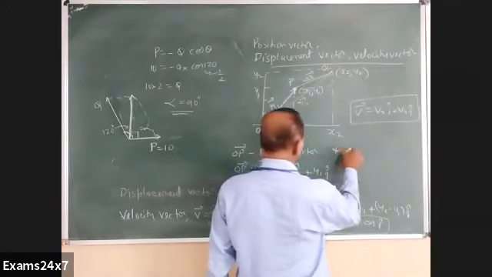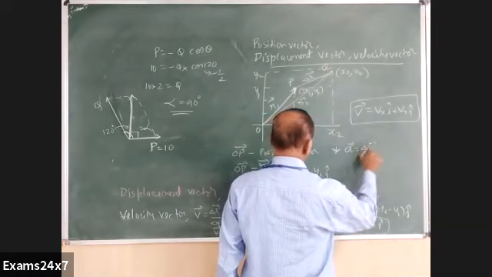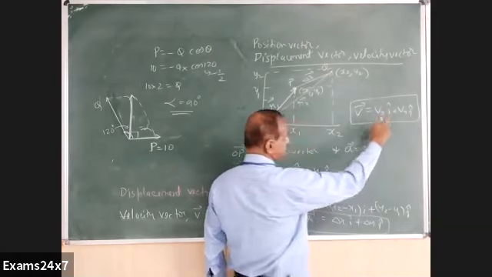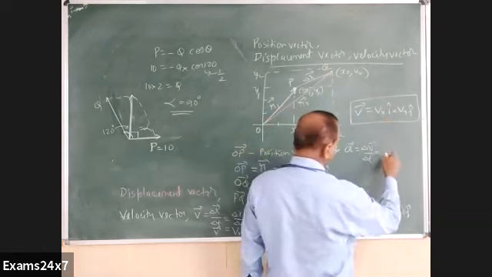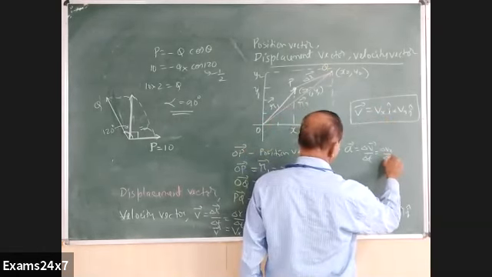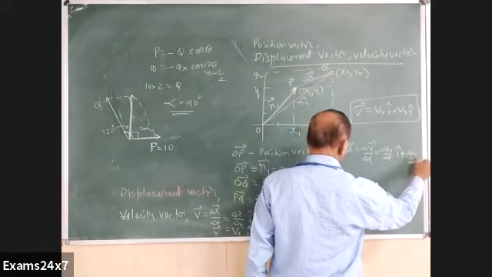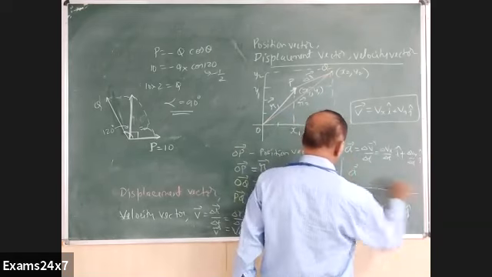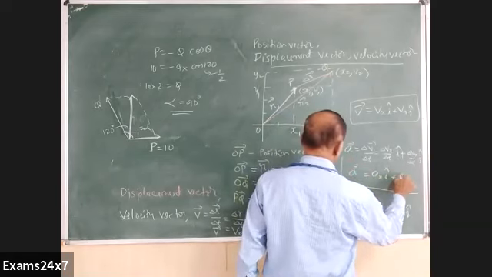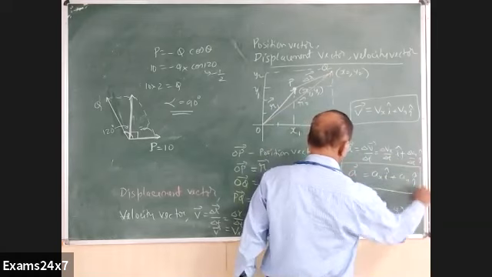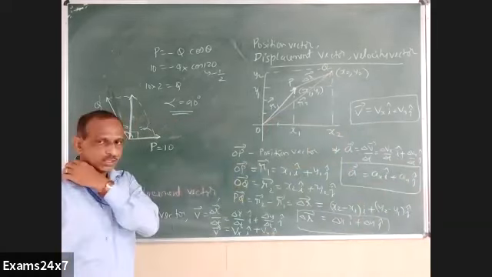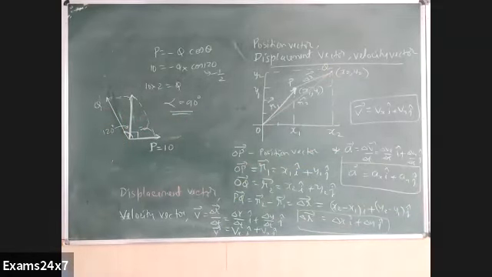So in case of any acceleration present, we will get delta V by delta t as delta Vx by delta t i plus delta Vy by delta t j, or we can write it as Ax i plus Ay j. This is the final acceleration vector. So four different vectors: position vector, displacement vector, velocity vector, and acceleration vector are mentioned like this.